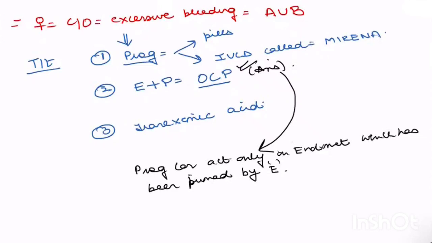When a patient is having excessive bleeding, I don't know how much estrogen is in the patient's body. So better is that I give estrogen and progesterone, right? So the best drug out of this is estrogen plus progesterone, that is oral combined pill. Clear to all of you?